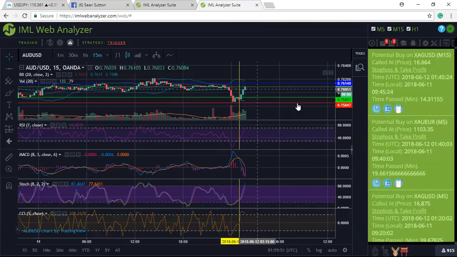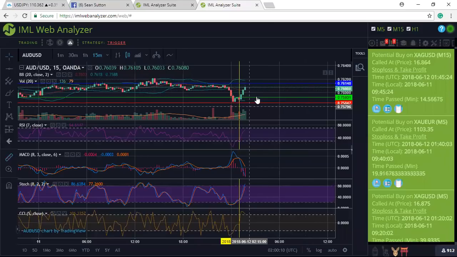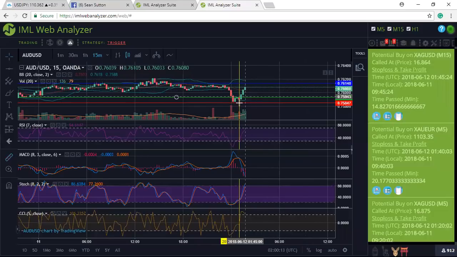Because if you're only going for, I forget, how many pips is this? I keep forgetting. It's almost there, but I forget how many pips. All right, so it's about 20 pips, give or take a tick or two. So if you're only going for 5, 10, 15, 20 pips, why in the world would I want to go in face first into drawdown, like 9, 10, 11, 12 pips only to get 20?